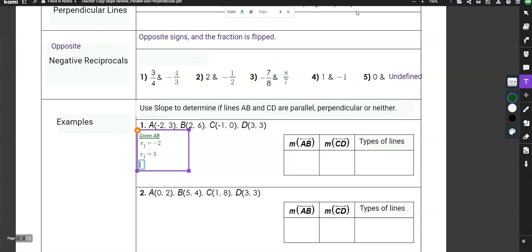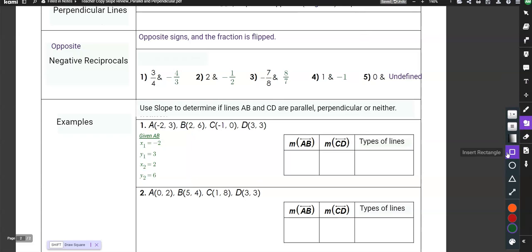And then we have x2. I'm using point B as point 2 for this case. And so we have y2, and that's going to be 6. Real quick, I'm going to go ahead and color code. AB is going to be green.